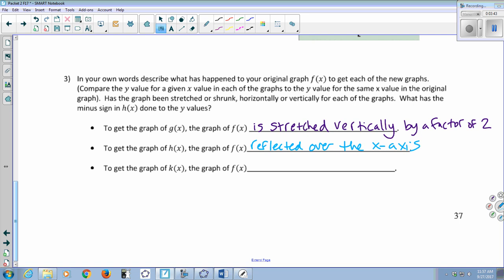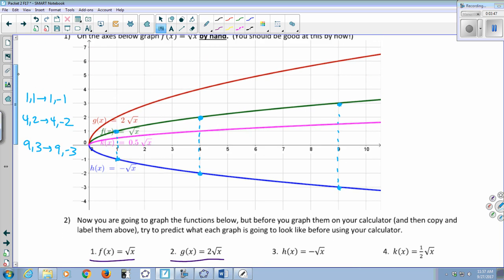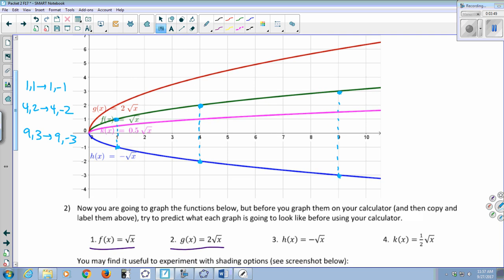All right, and finally I got to do the graph of k. Erase everything I've got up here already. How does the graph of f relate to the graph of k? So k is my purple graph, and it is 0.5 times the square root of x.